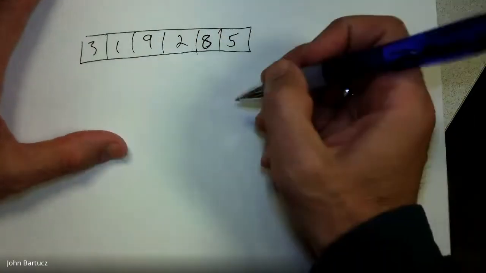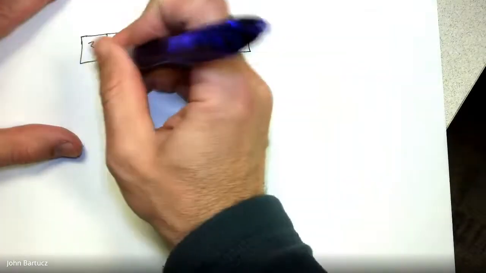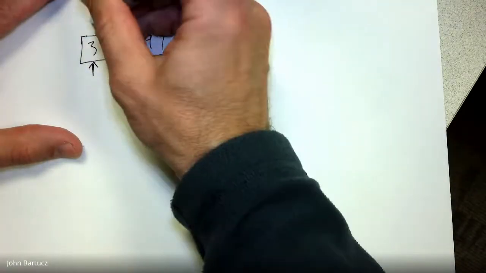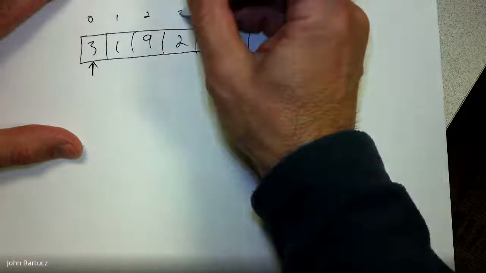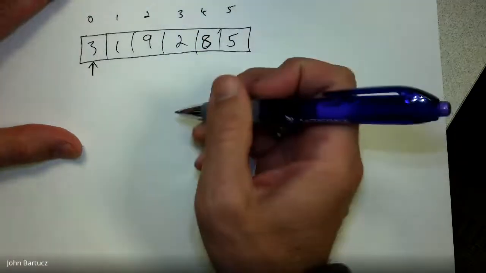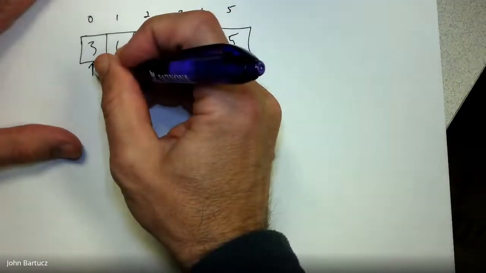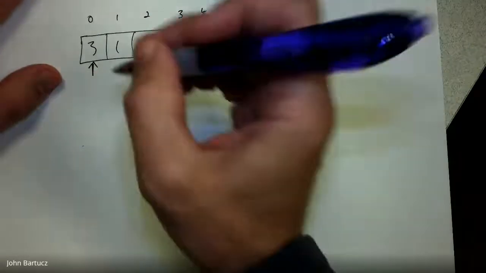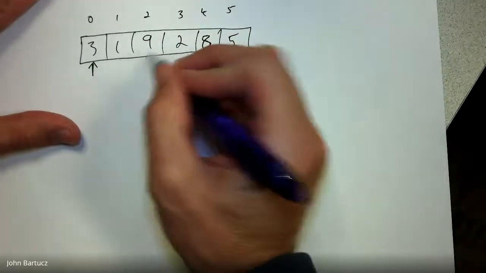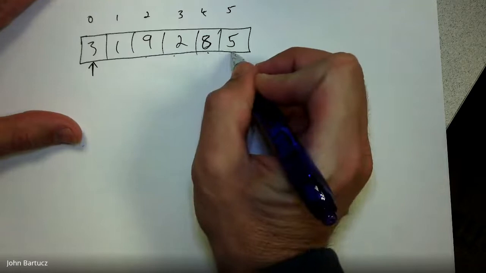Okay, well, anyway, so what we have to do is we start here, as we always do, with position 0. We compare one at a time all the other elements of the array.